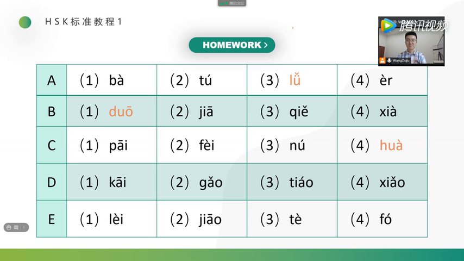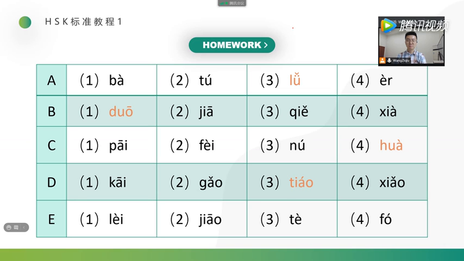画。Okay, now line D. 条，条，条。Which one do you choose? Good.